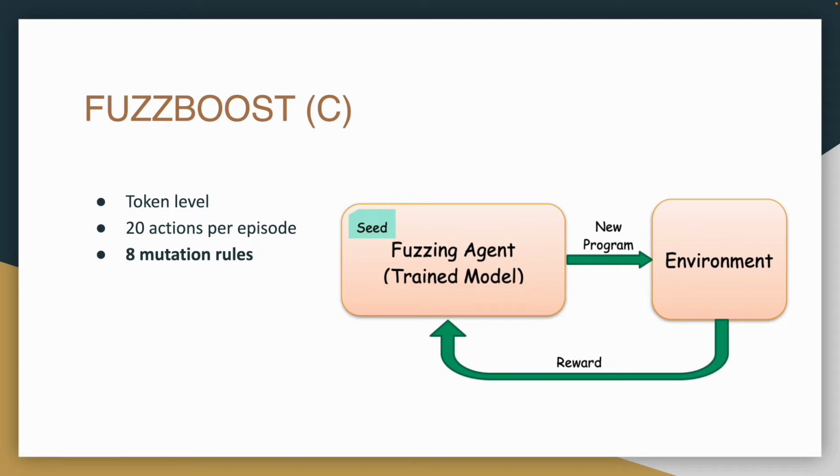In each training episode, we empirically set the mutation trajectory length to be 20 actions maximum to enforce our agent to learn within a short path.